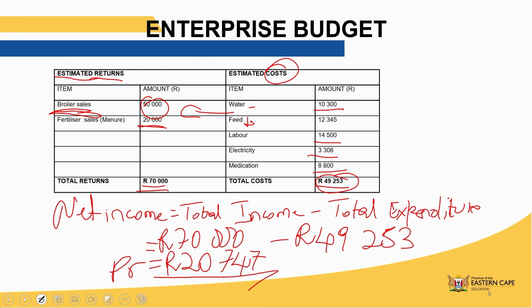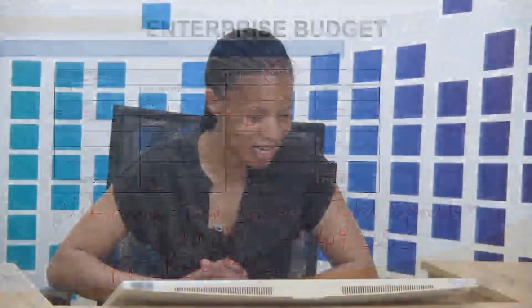So that is an enterprise budget. Those are the financial records that are used by the farming business. We have now come to the end of our presentation, and we will continue with another topic in the next presentation.